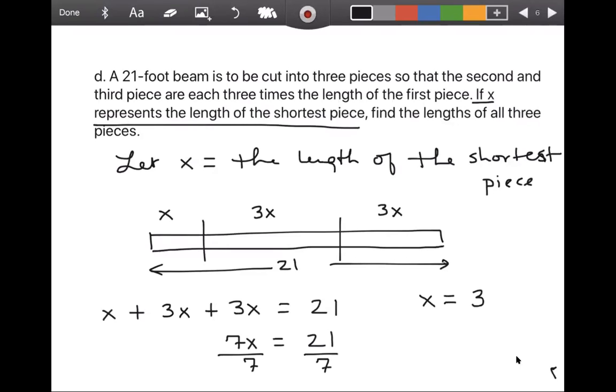So if the shortest piece is 3 feet, that means the other 2 pieces are each 9 feet. And I can see that 3 plus 9 plus 9 is 21. So that answer makes sense. The pieces are 3 feet, 9 feet, and 9 feet.